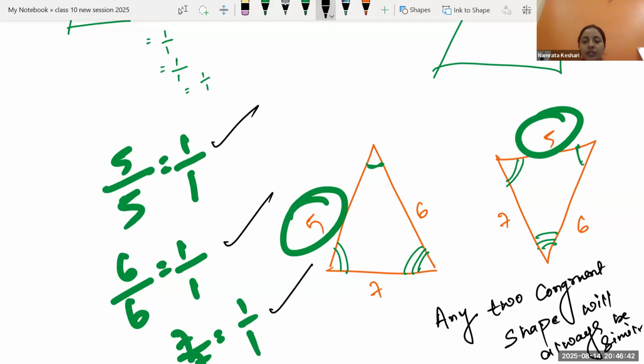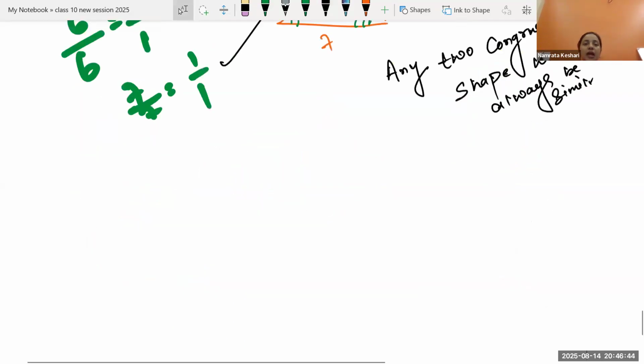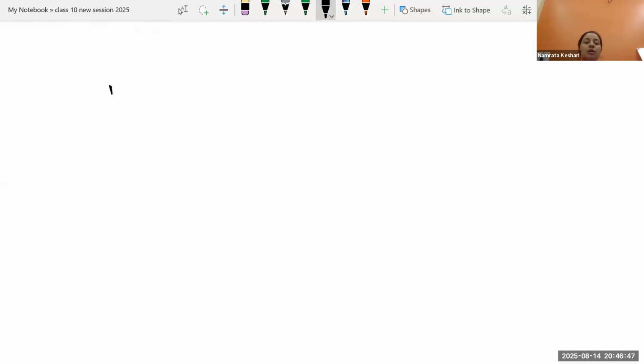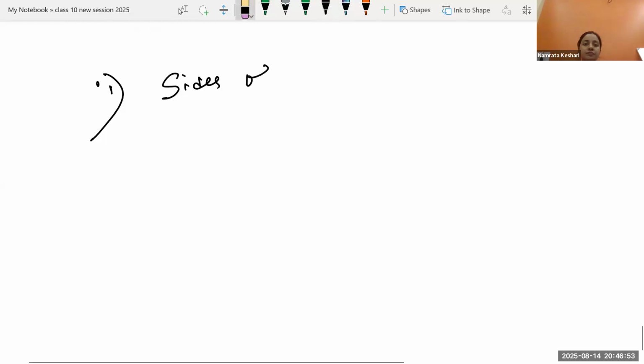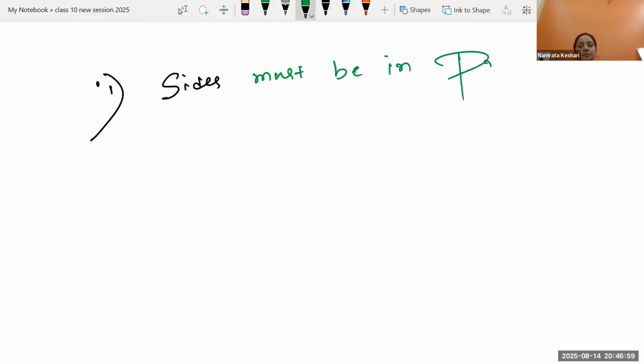Now you should have clarity in your mind that similarity means rule number 1: sides must be in proportion. This proportion means same ratio.